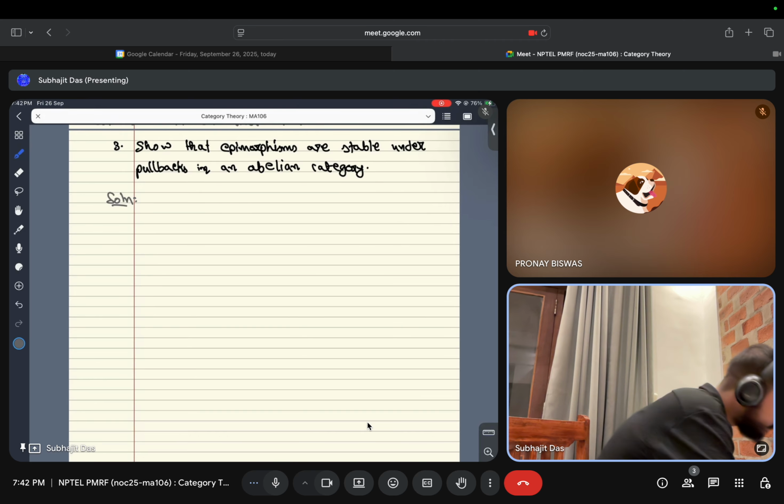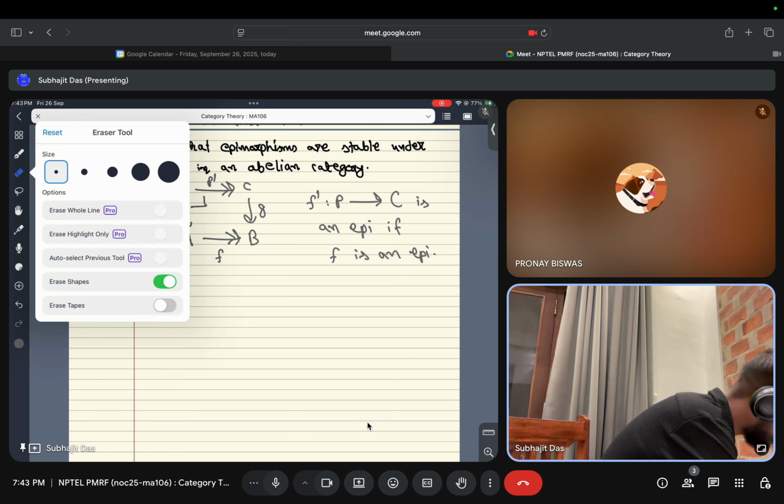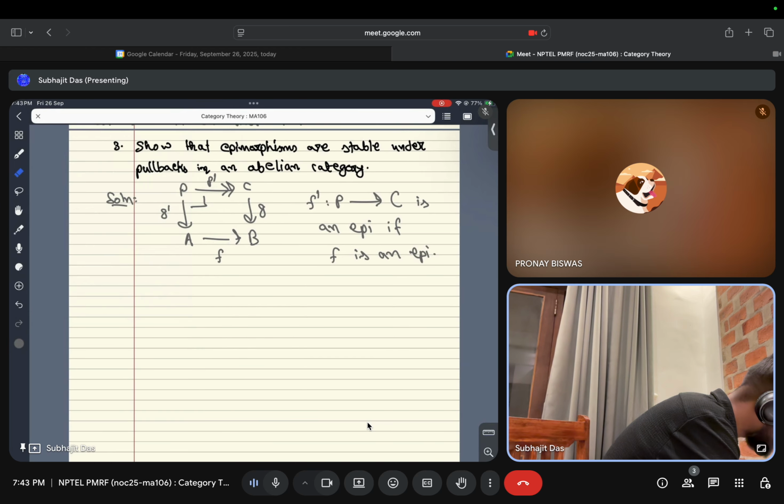In other words, what we mean is this: if you take A to be an epimorphism, and take C to be some arrow, then form this pullback square, with F, G, F prime, G prime, then F prime from P to C is an epimorphism if F is an epimorphism. So this is an interesting property of abelian categories.